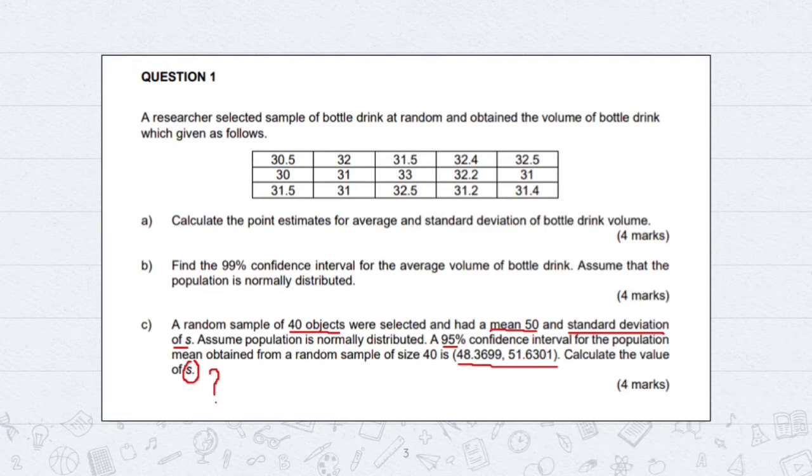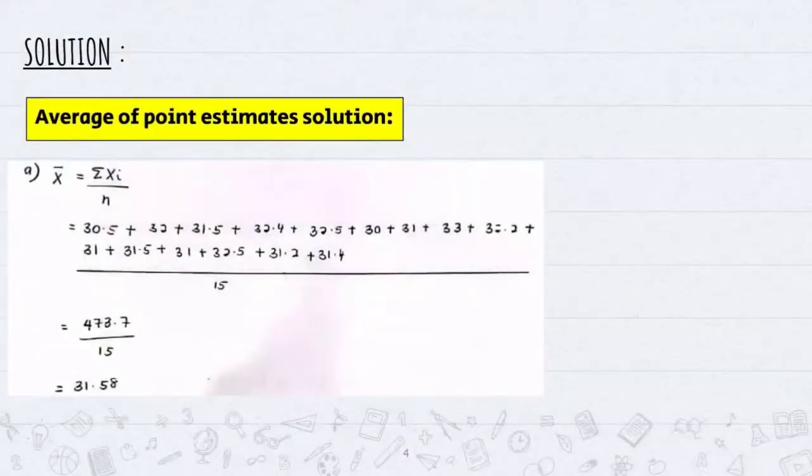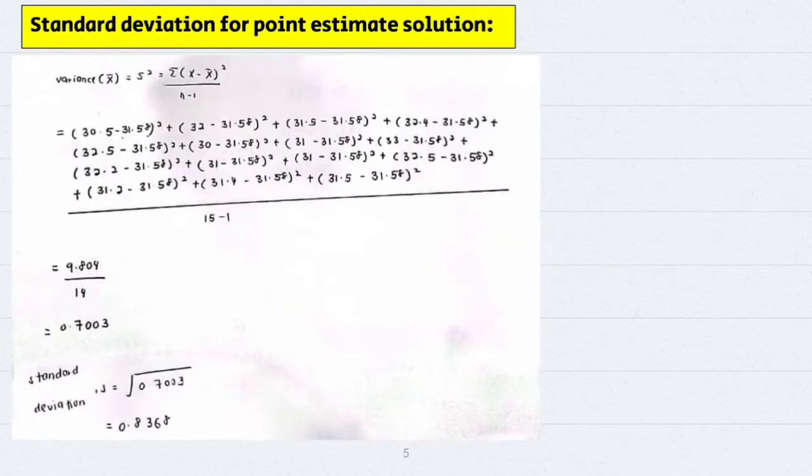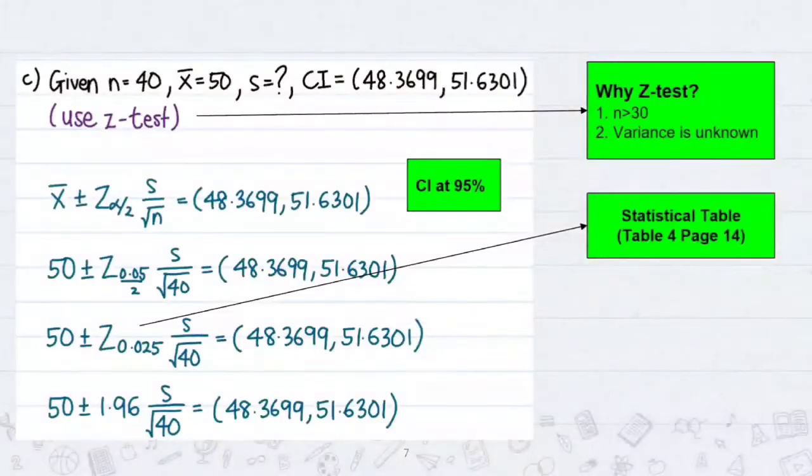Okay, now let's see the solution. This is all the given information in the question. n is equal to 40, x bar is equal to 50, S we don't know, and the CI value. The first step, when we need to solve this type of question, is to identify the type of test, either Z-test or T-test.